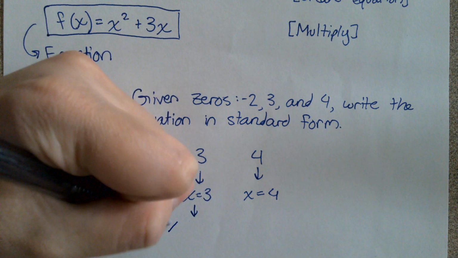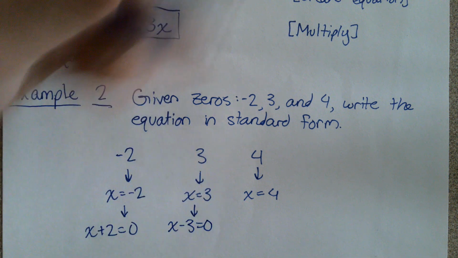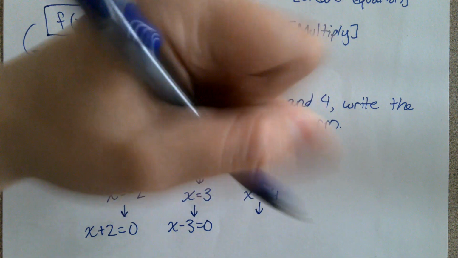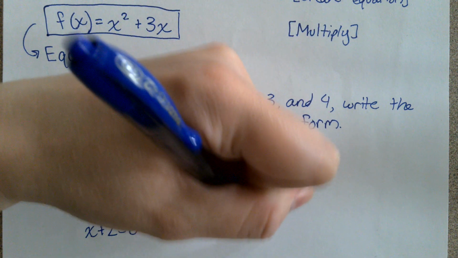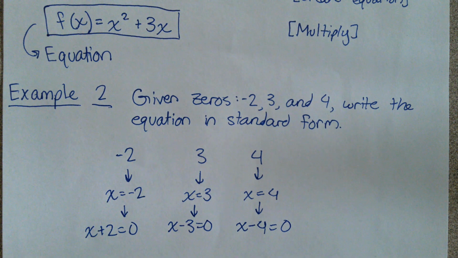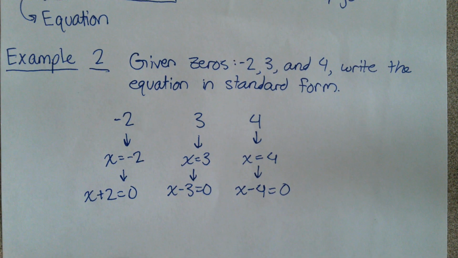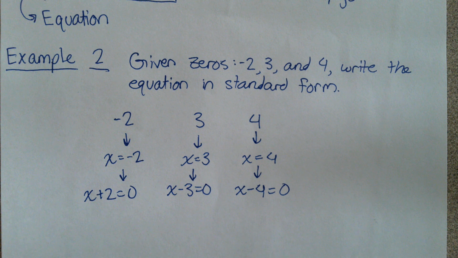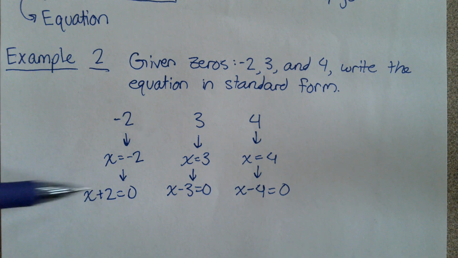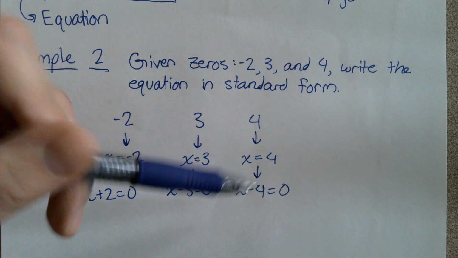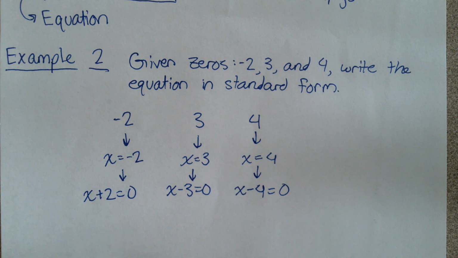Subtract the 3 over, x minus 3 equals 0. Subtract the 4 over, x minus 4 equals 0. Again, if you're not convinced that this works, go back the way we just came. If I solve this for x, then x would equal negative 2, x would equal 3, x would equal 4.